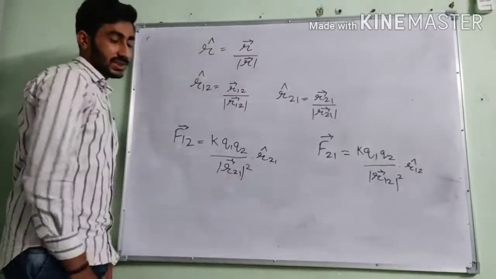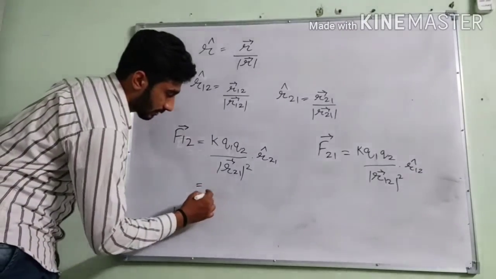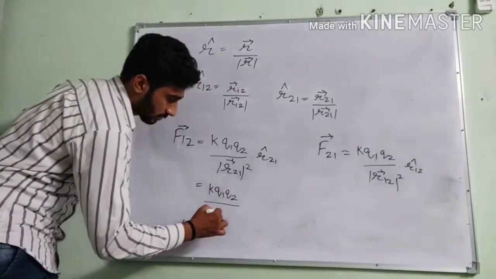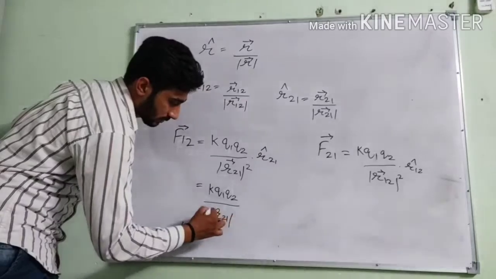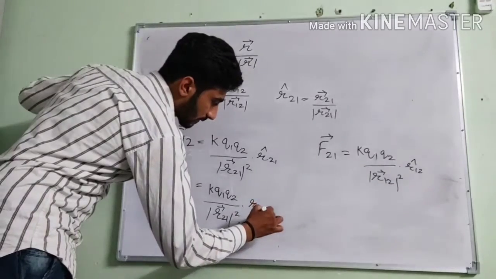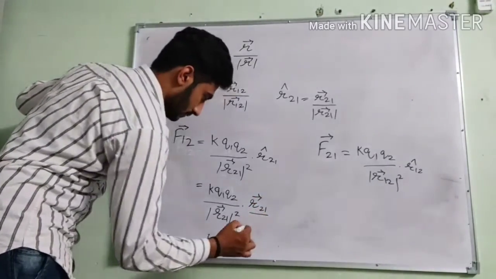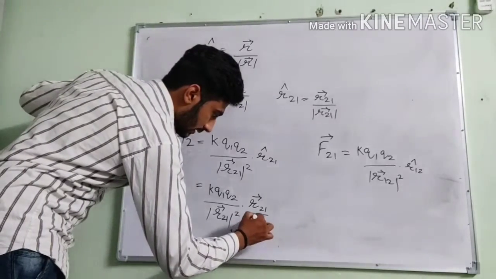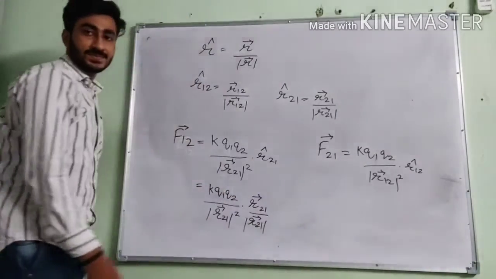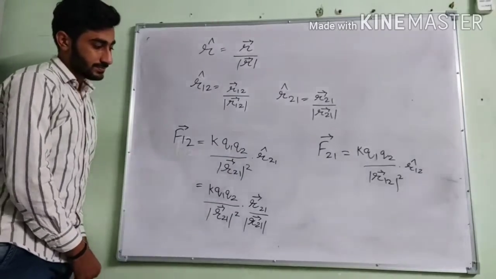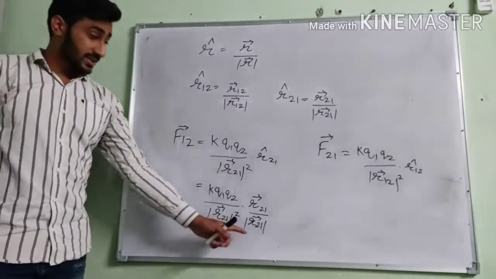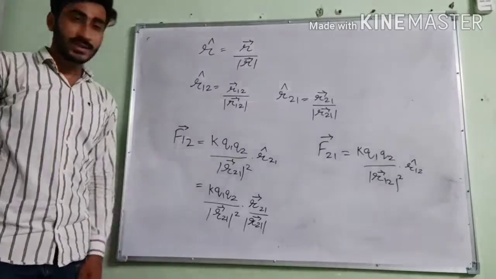Now apply these. R21 vector magnitude. Similarly, you will do this by yourself, and the final result is given by the square, and the same term becomes cube.